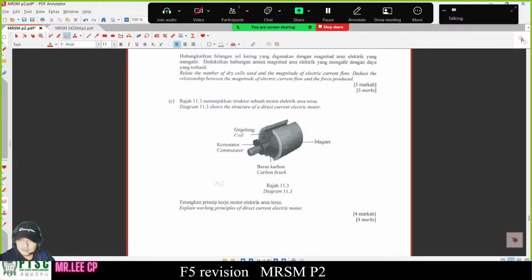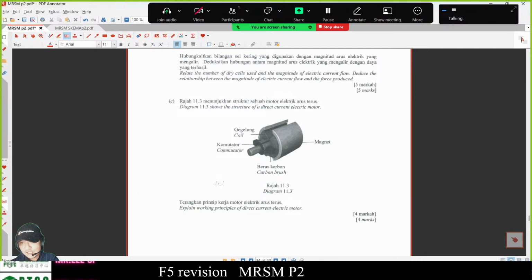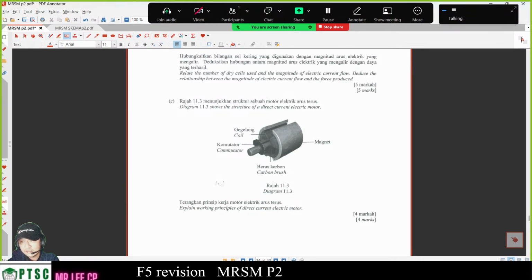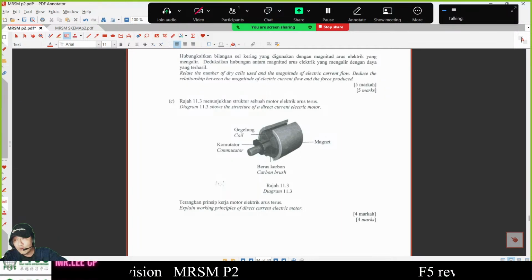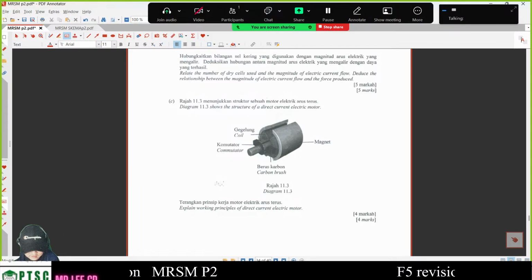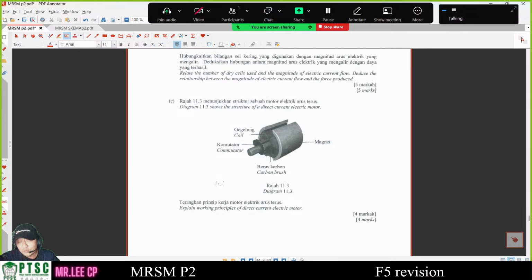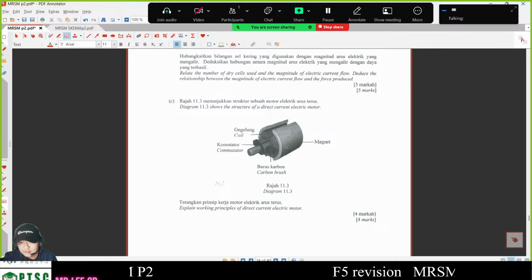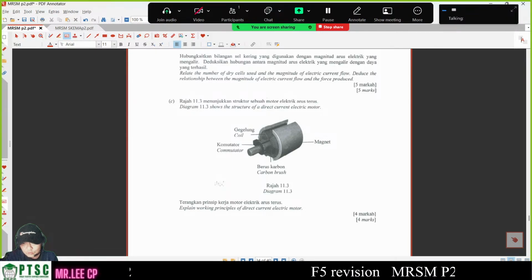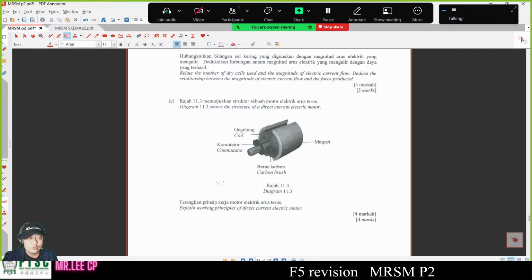Diagram 11.3 shows the structure of the direct current motor. As I told you, motor: you got electric, then your motor can turn, right? So you need to use left hand. And then it is direct current, right? Explain the working principle of direct current motor.